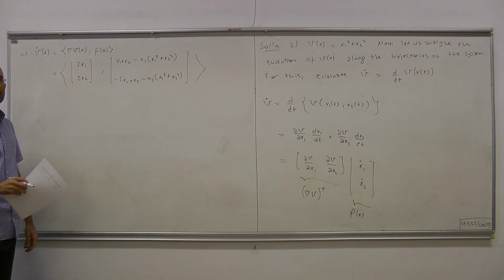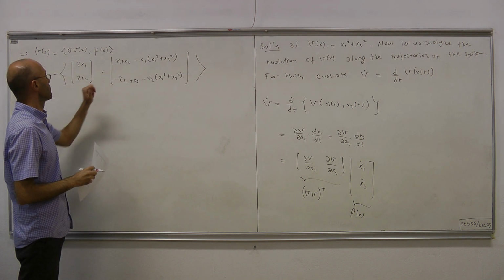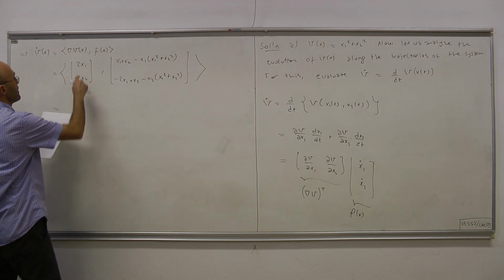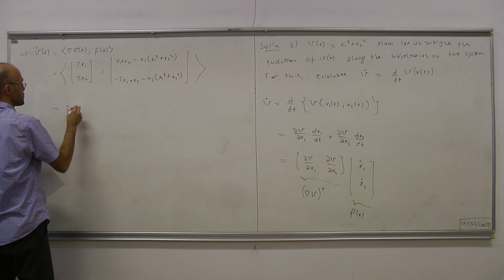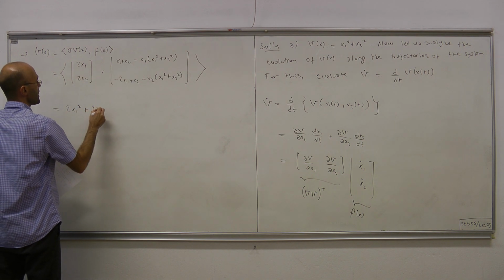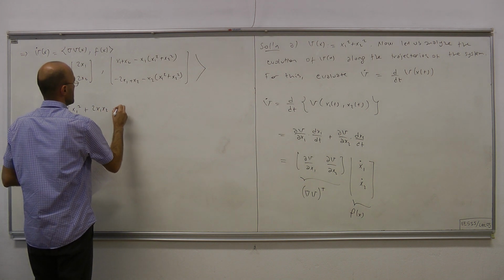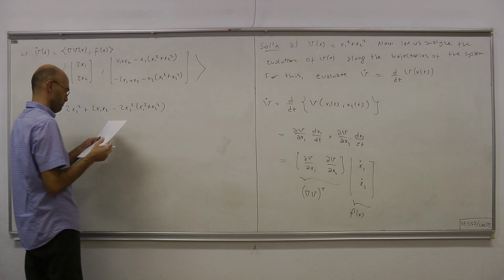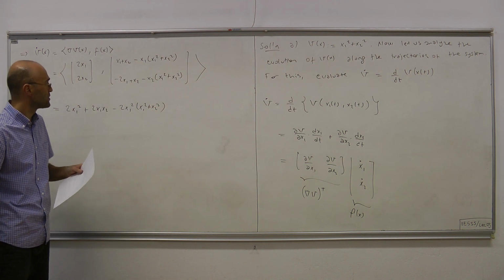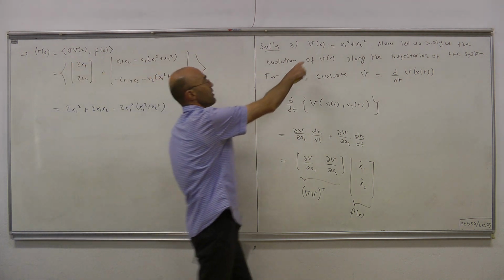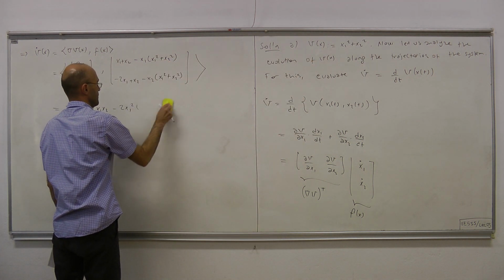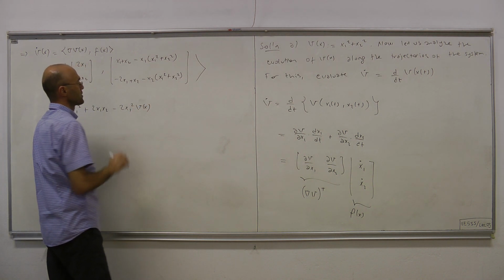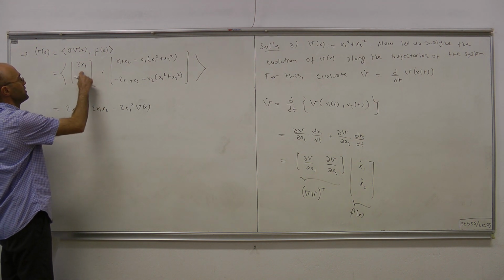Okay, now let's compute this inner product, that is this times that plus this times that. This times that gives us 2x1 squared plus 2x1 x2 minus 2x1 squared times (x1 squared plus x2 squared). Since x1 squared plus x2 squared is no other than V of x, we can use that shortcut and write V of x directly here.